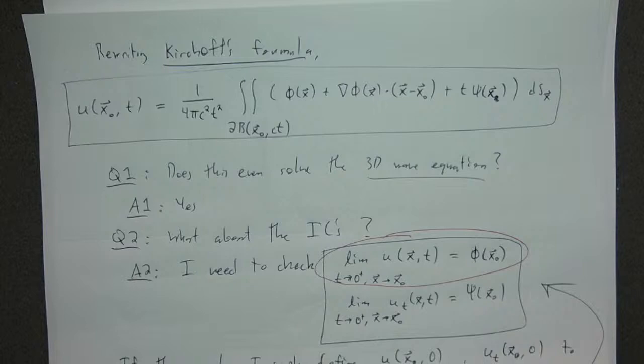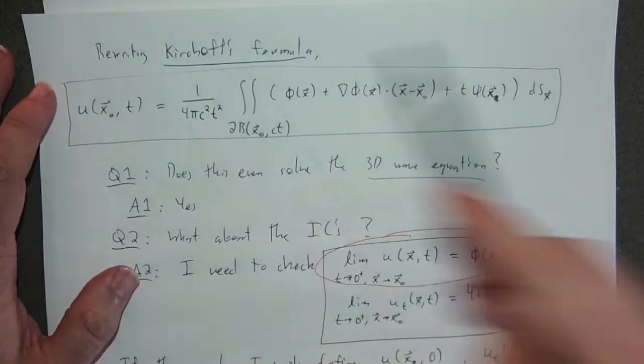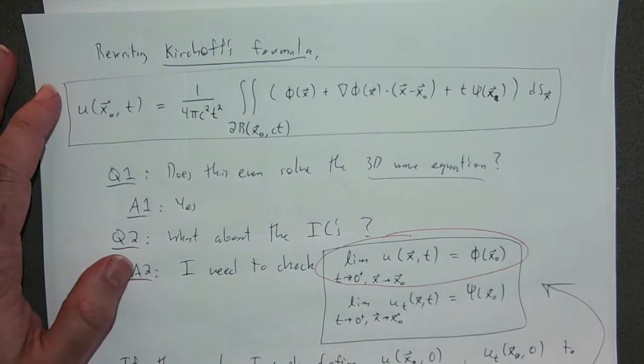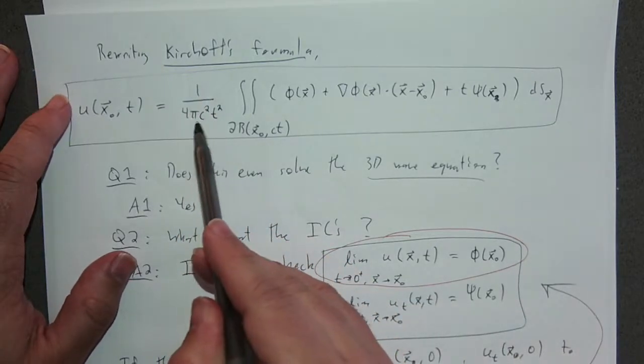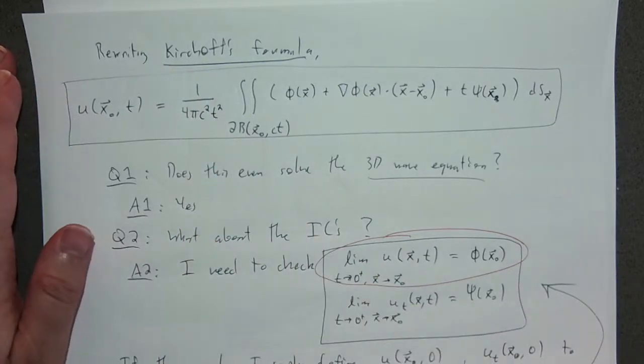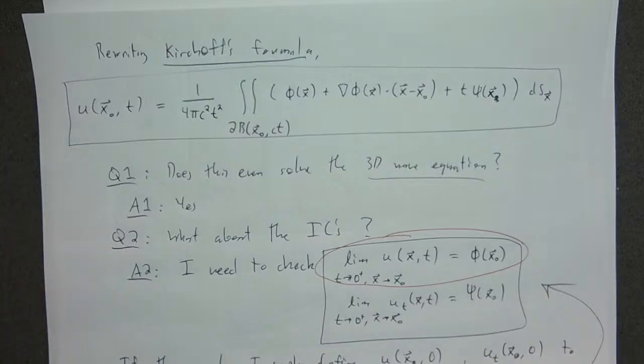So what do you notice? This is not some random quantity. This is 1 over 4 pi c squared t squared. What is that? If someone notices what that quantity is relative to this problem, you can type it in the chat, and I'll get back to it.